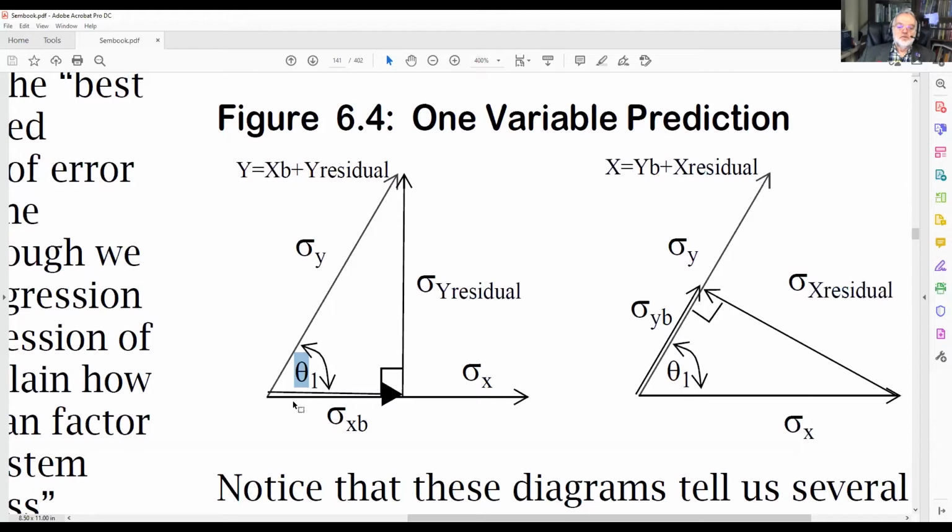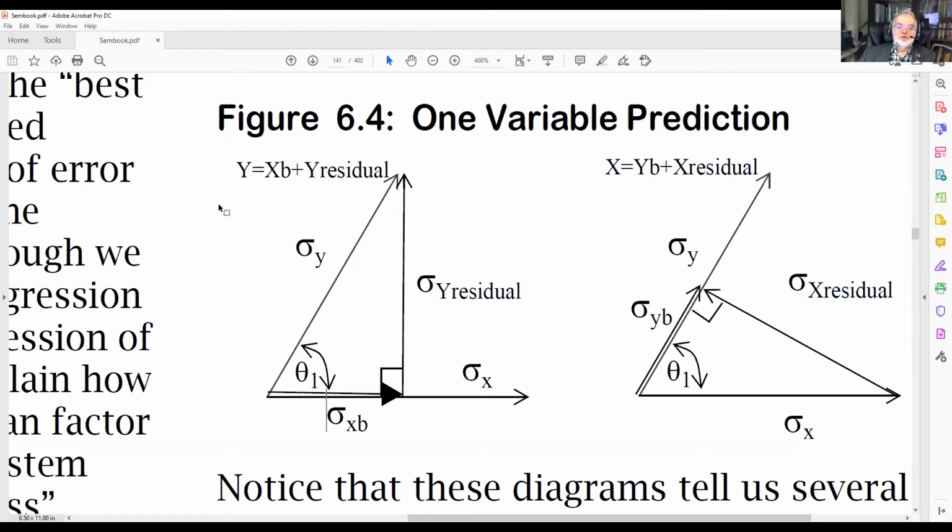In the case of regression, if I multiply x by the unstandardized regression weight, I'm going to have a new vector that will have a length that's this. Now, looking at this, I have a vector here, and a vector here, and a vector here. The angle between this vector and this vector is 90 degrees. It's shown by that little box.